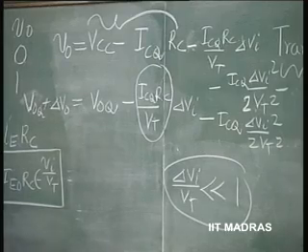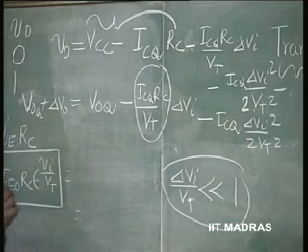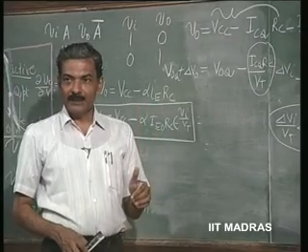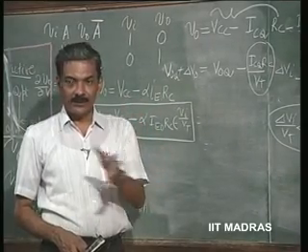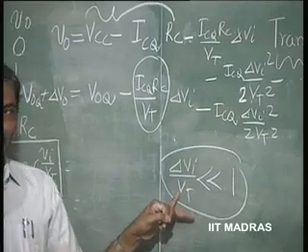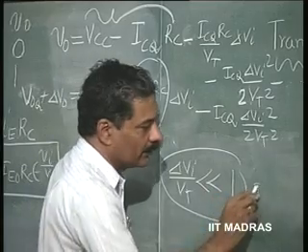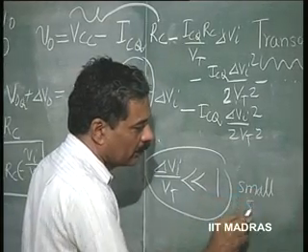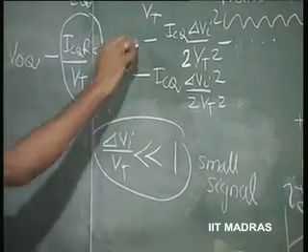This is because that exponent delta VI by VT we have expanded as 1 plus delta VI by VT plus delta VI by VT squared by factorial 2, etc. So, the delta VI by VT factor should be much less than 1. This is called small signal, in which case the nonlinearity can be neglected.